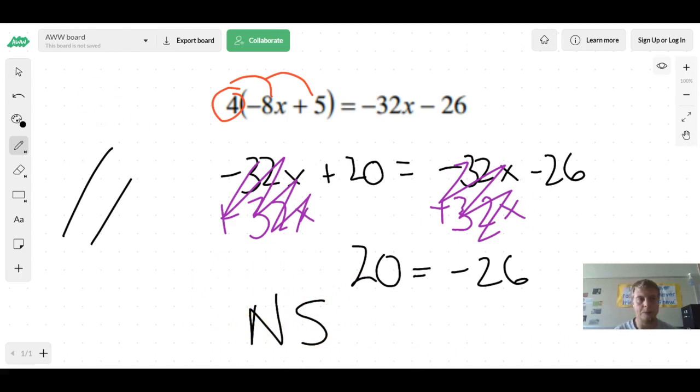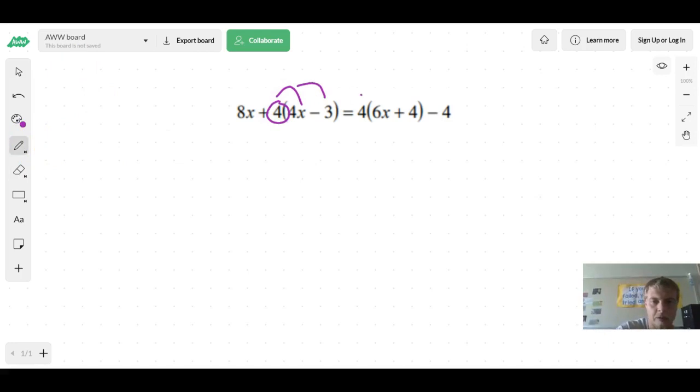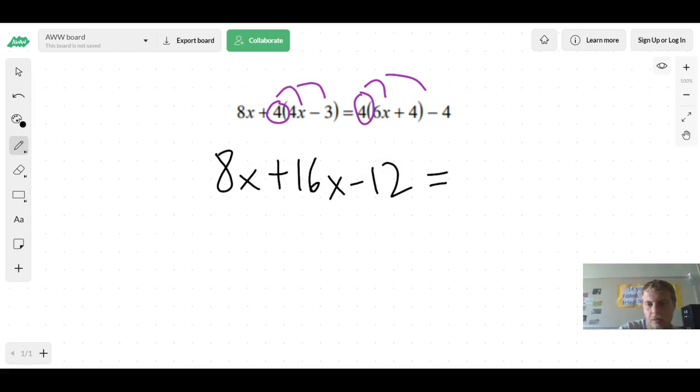Let's try a third problem. In problem number 3, we're going to start this the exact same way. We are going to distribute that 4, and we're going to distribute this 4, which is going to give me 8x plus 16x minus 12 equals 24x plus 16 minus 4.